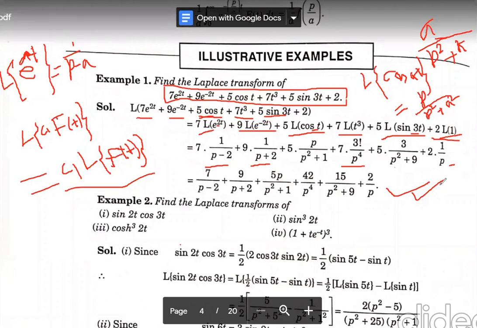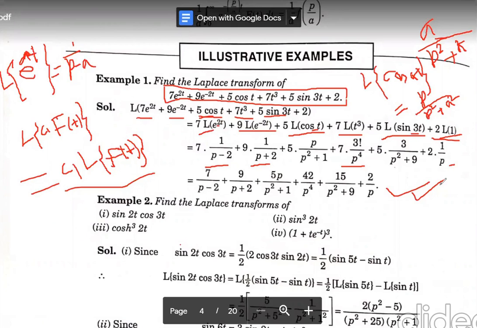Now, before doing the second problem, one thing you remember. Whatever formula we have got, whenever you are trying to find the Laplace transform of any function, be sure that the function you have been given is fitted with the formulas.